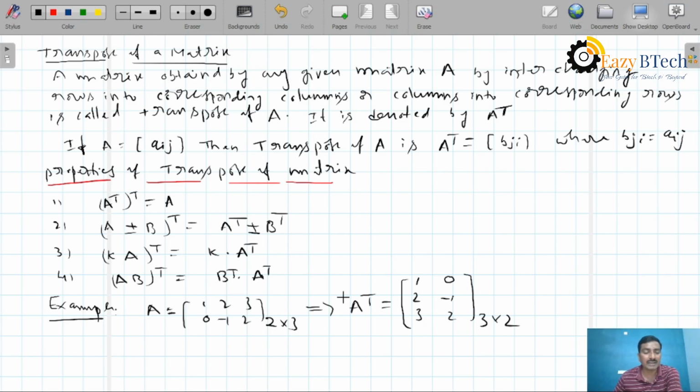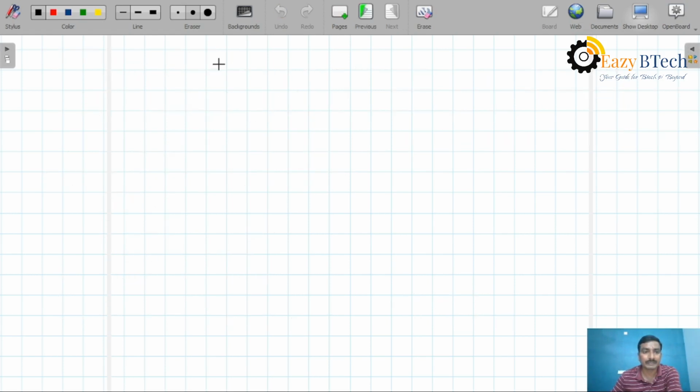Now come to the next one, symmetric matrix. What is a symmetric matrix? We already discussed the transpose of a matrix, which means rows are converted into corresponding columns.